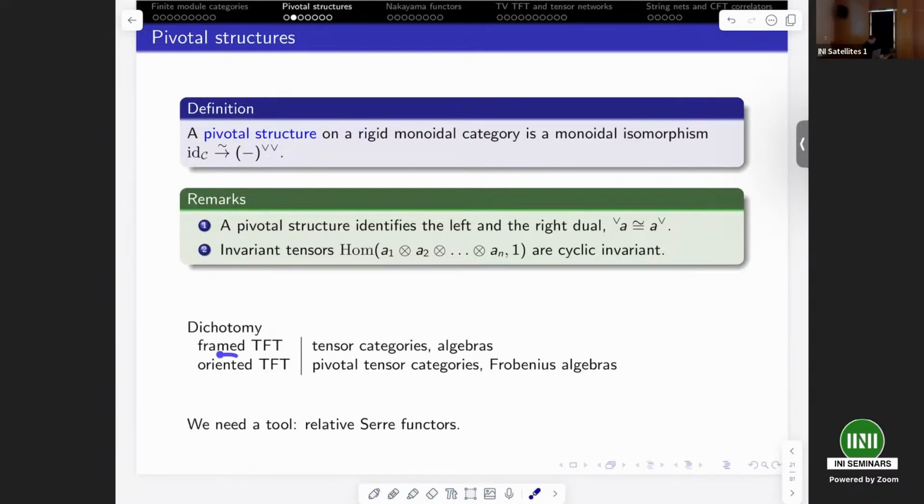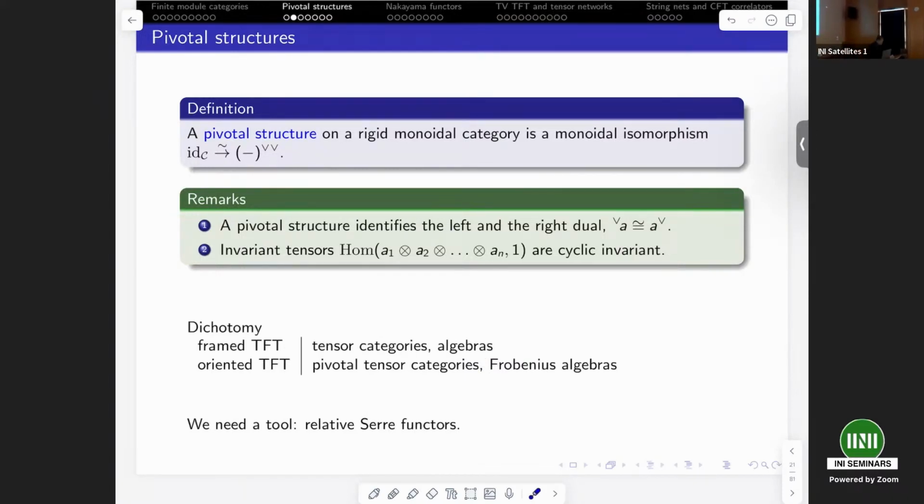So if you want to work with oriented manifolds, so consider cobordism categories of oriented manifolds, then on the algebraic side, you have to work with these pivotal structures, and then, for example, the notion of an algebra will be more or less implicitly replaced by the notion of a Frobenius algebra.